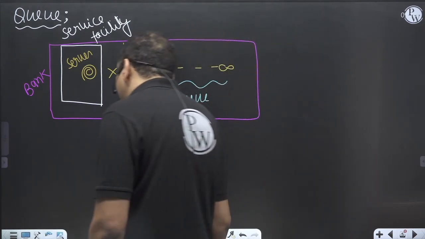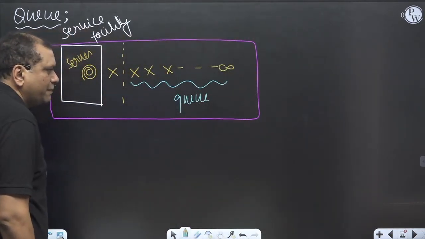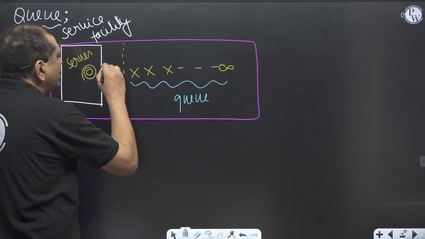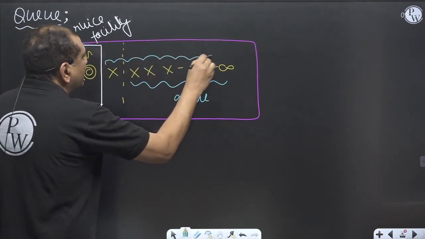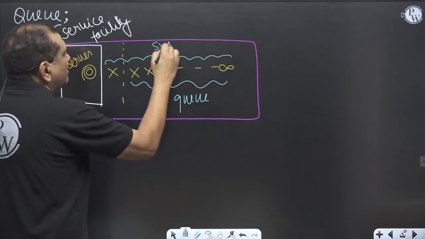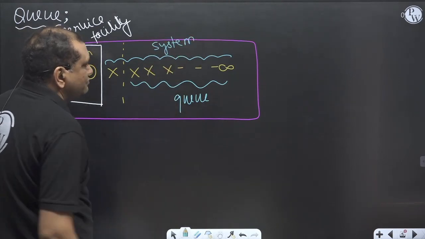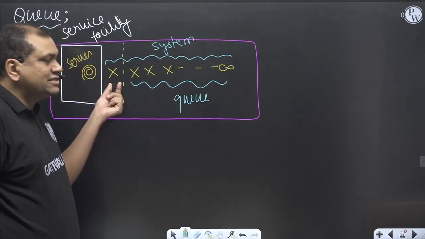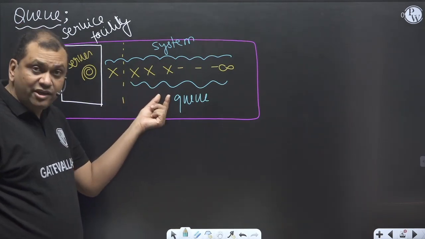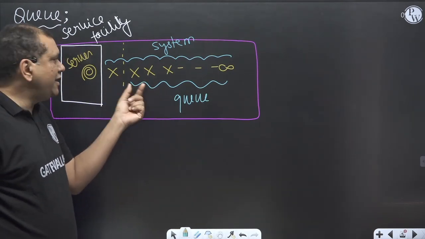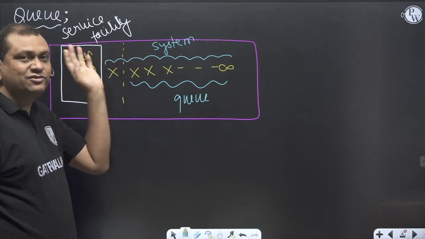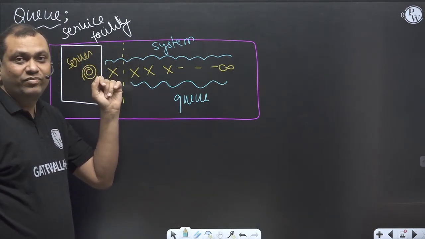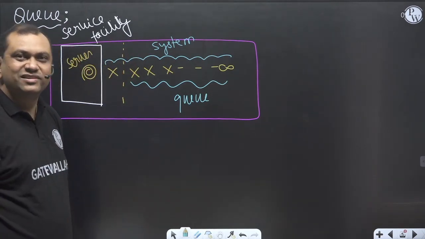And if you include the person being served, it is called the system. Excluding the person being served is called a queue. And if you consider the person also being served, that whole thing is called a system. System and queue.